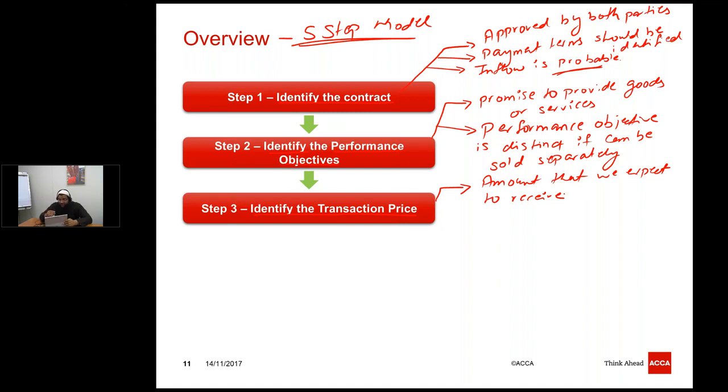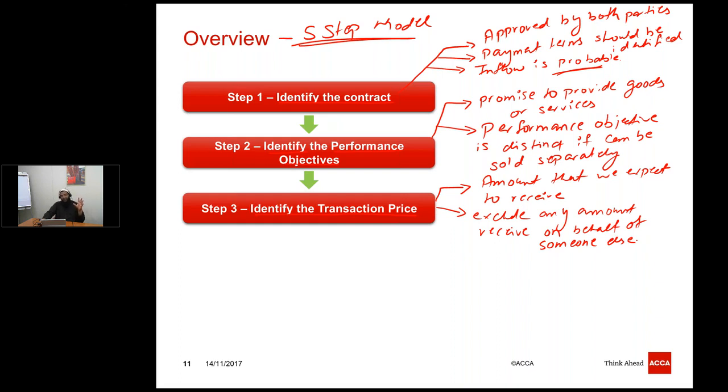But this should exclude any amount received on behalf of someone else. The transaction price should exclude any amount received on behalf of someone else.